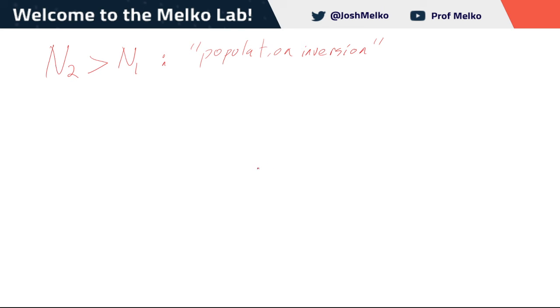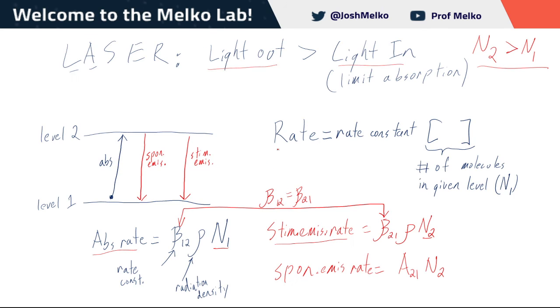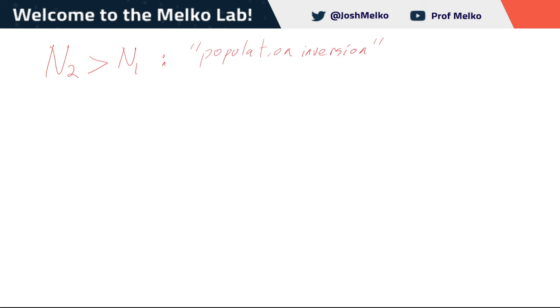The trick is you're not going to have it just between two levels like this, because the ground state is always going to be favored, just because of Boltzmann distributions and temperature. So imagine the following scenario. Imagine a scenario now where you start with the ground state and you cause an absorption event. Now we're getting back to Jablonski diagrams in the previous lectures.